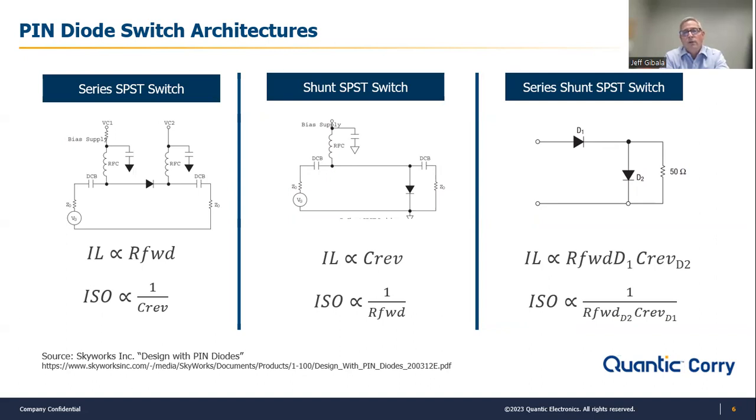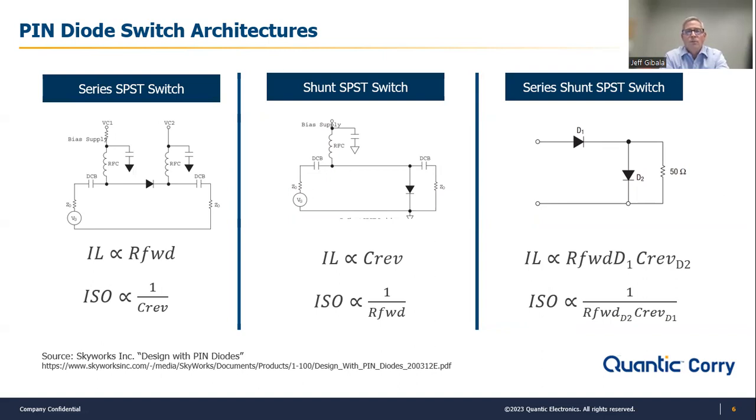And another architecture is the shunt single pole single throw switch, where you have the PIN diode in shunt with the RF path, and when it's in a forward biased condition, it's a low value resistance, so it reflects the energy back towards the source.